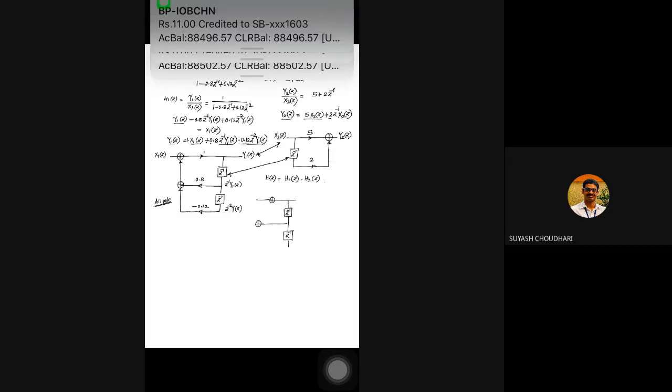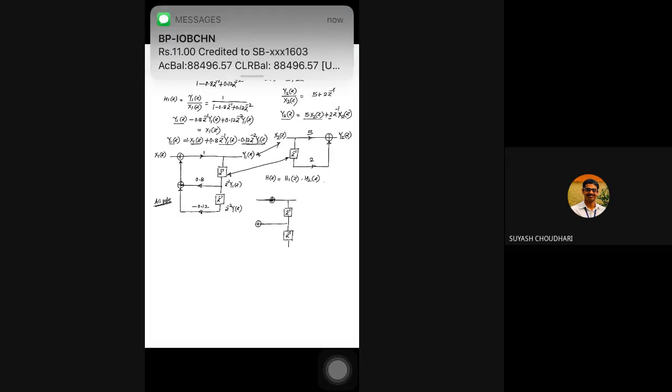Here, look, plus. First I am drawing H1(z), like this. Here z inverse, here again z inverse, here adder, sorry, adder, like this.